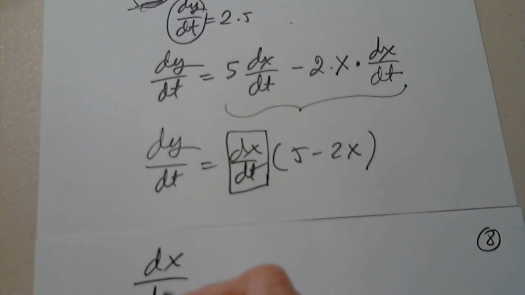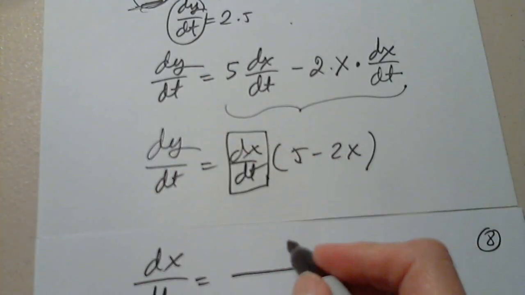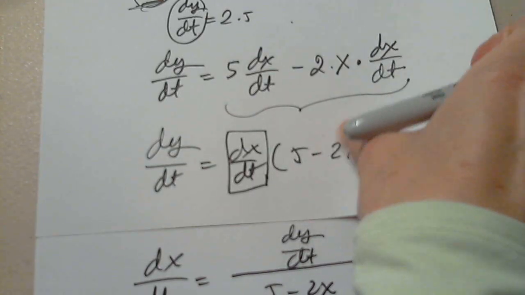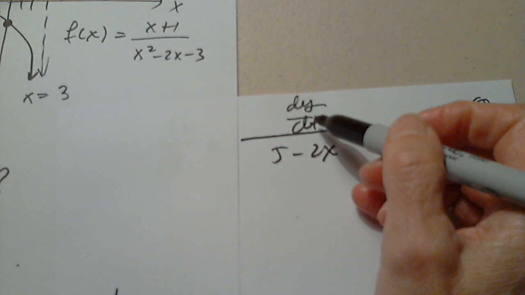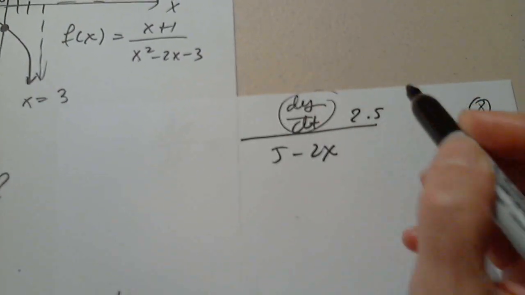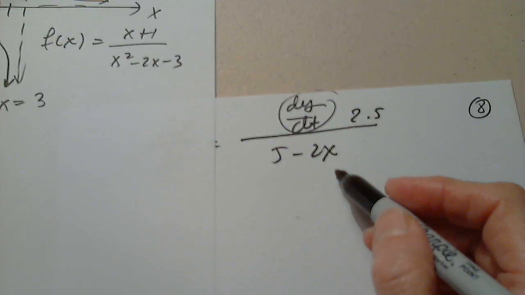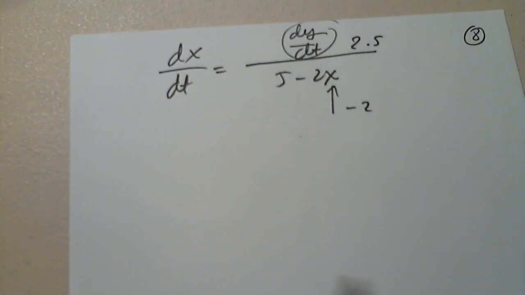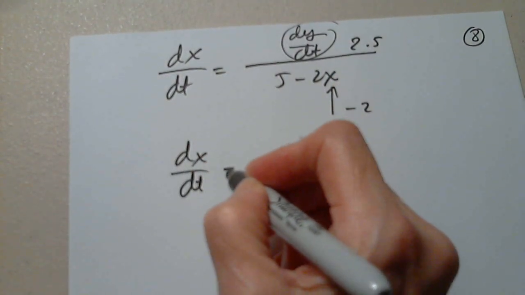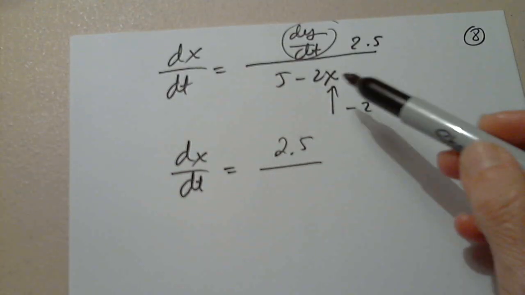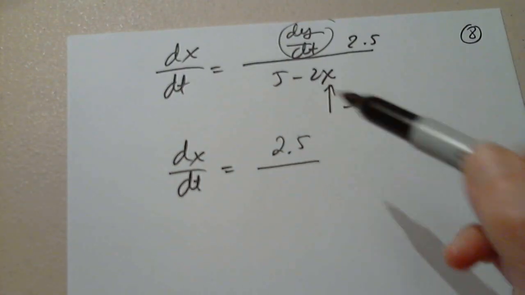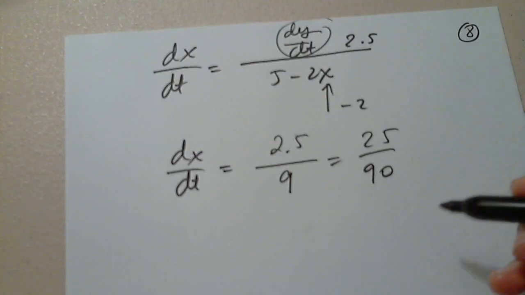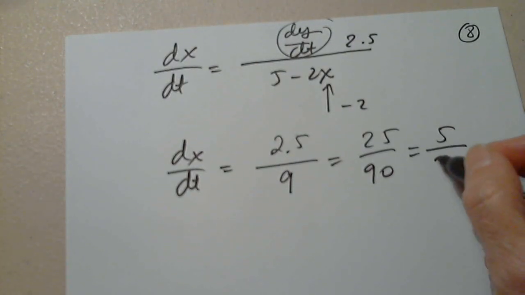So dx over dt equals dy over dt over 5 minus 2x. Now I plug in the information: dy over dt is 2.5, and x is negative 2. So dx over dt equals 2.5 over negative 2 times negative 2 is 4, 4 plus 5 is 9. I could write it as 25 divided by 90 and simplify by 5.